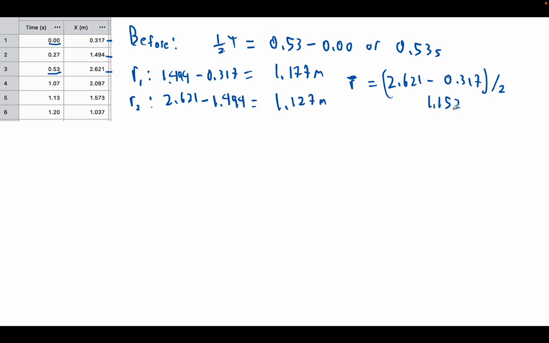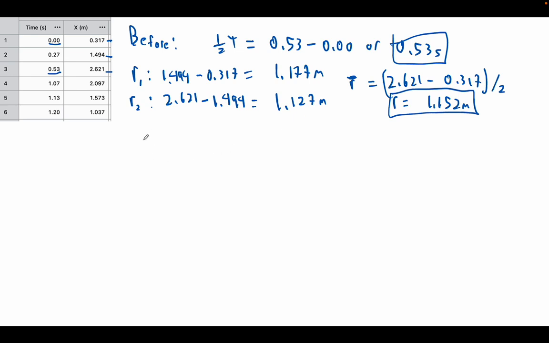Okay, now if you average those other numbers, 1.177 plus 1.127 divided by 2, you get exactly the same thing, okay? So this is what we're going to use for the radius before, and that's meters. And then for our period, we're going to use that.